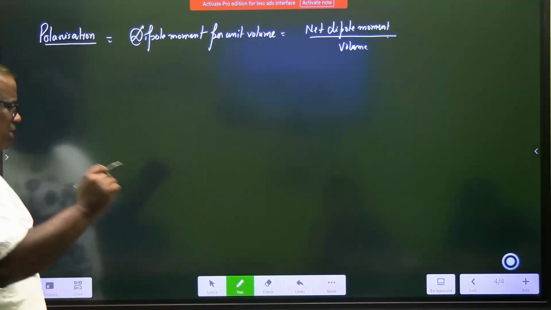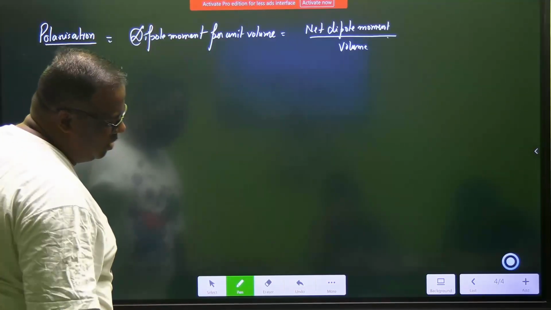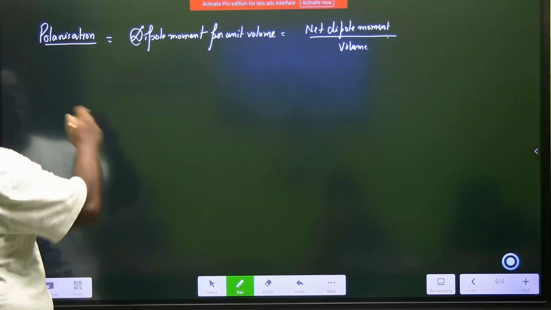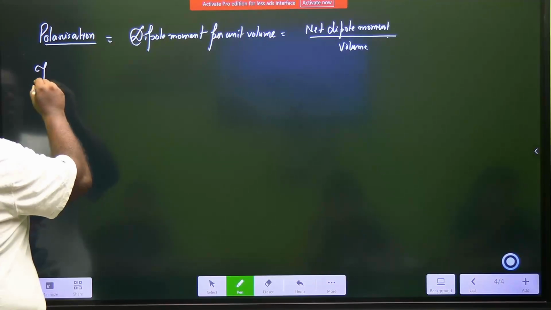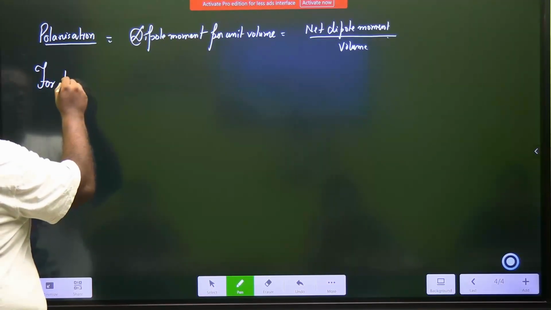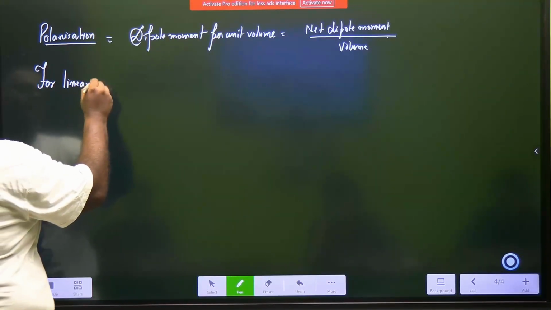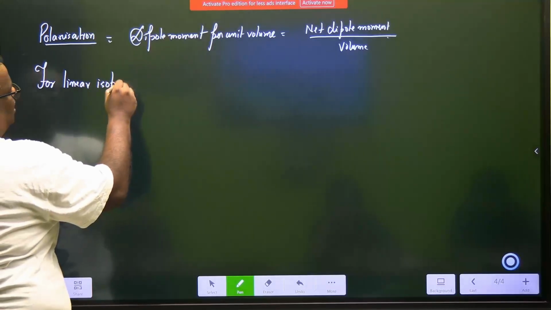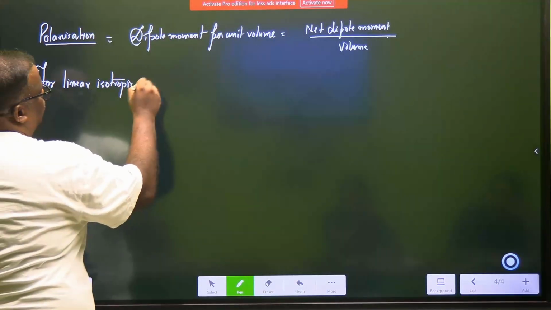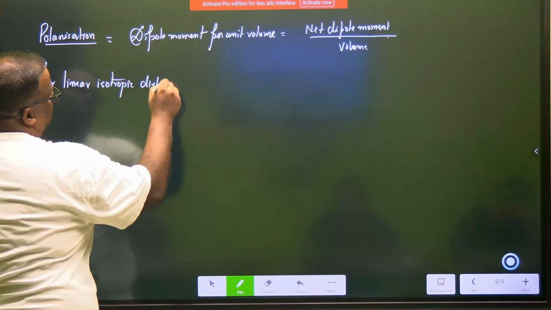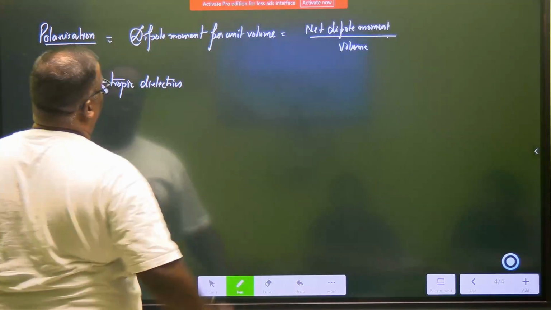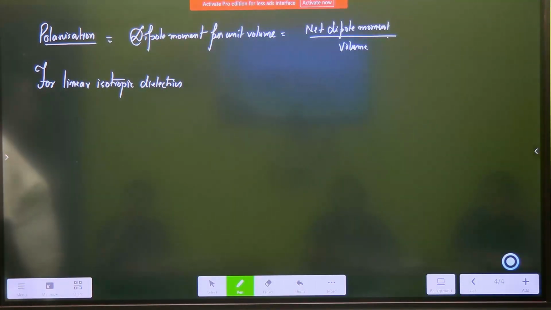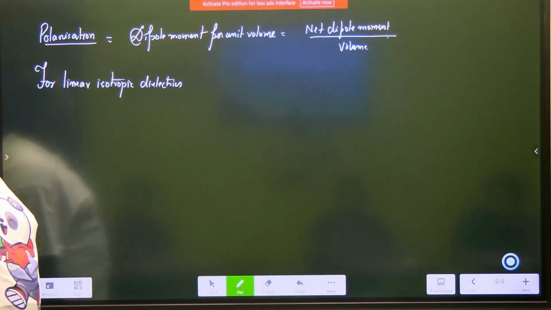Now there is one expression that CBSE or NCERT doesn't talk about, they've just written an expression. We will also write it. It says for linear isotropic dielectrics, we will understand what the meaning says. Isotropic. The tropic word comes from tropical. Iso means same.